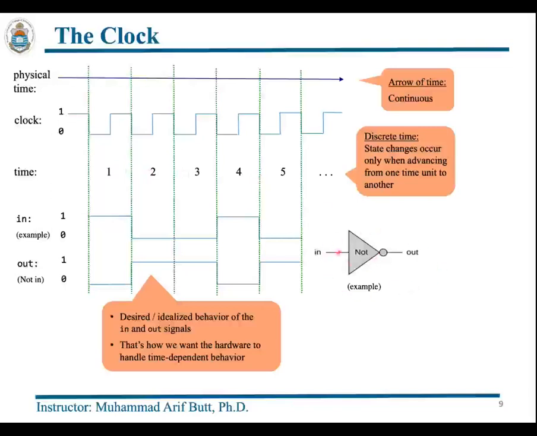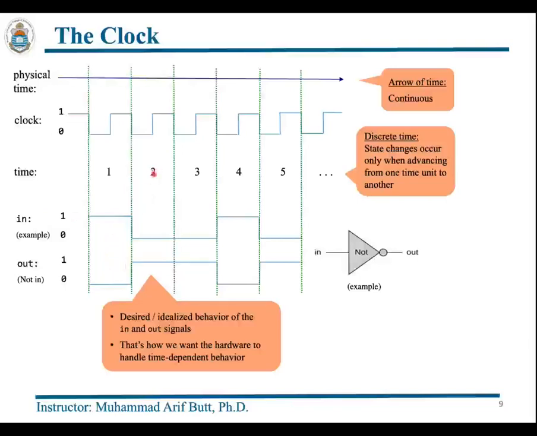Let us consider a simple NOT gate having an input named in and an output named out. At this time unit 1, the input of this NOT gate is high or 1. So the output shown over here is 0.